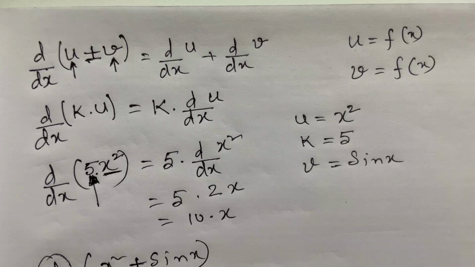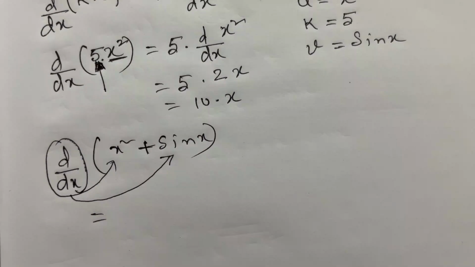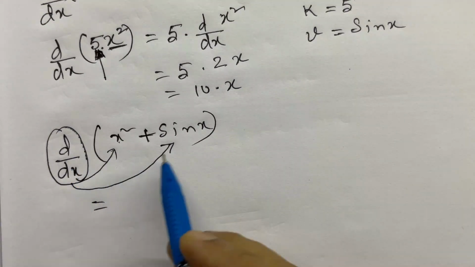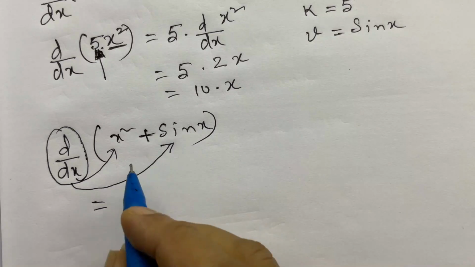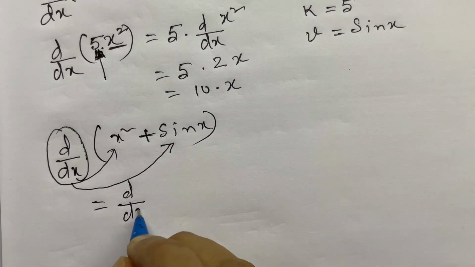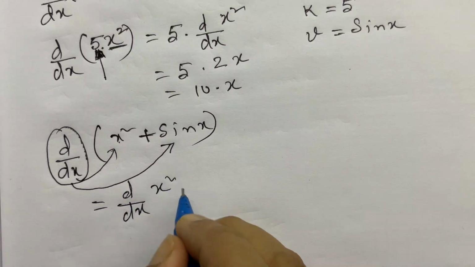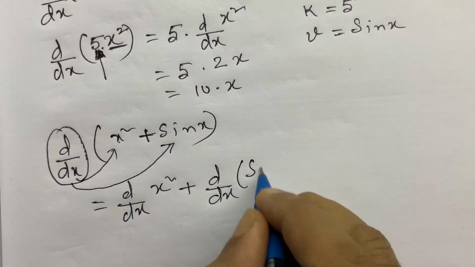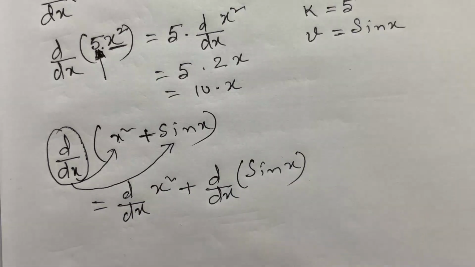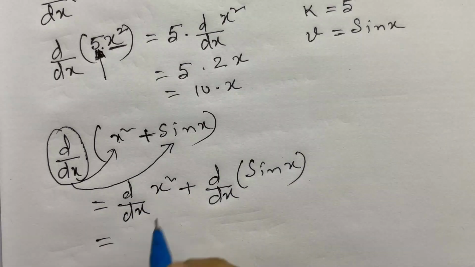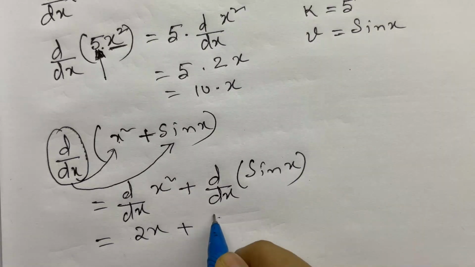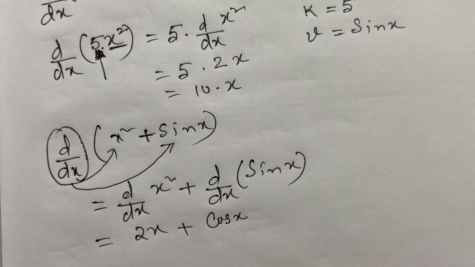So in the next step you write it separately: d dx of x square is 2x and d dx of sin x is cos x. So this is the way you have to differentiate.